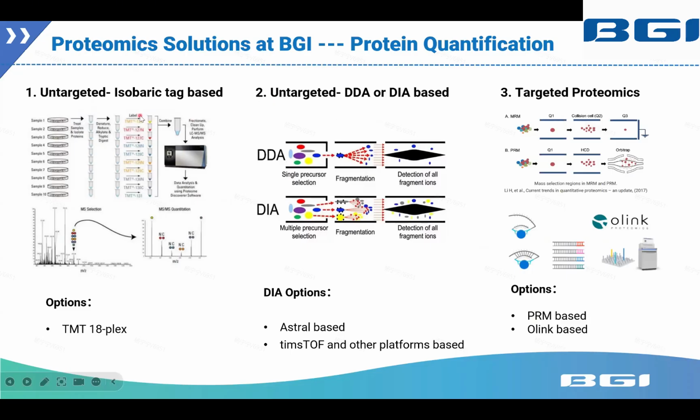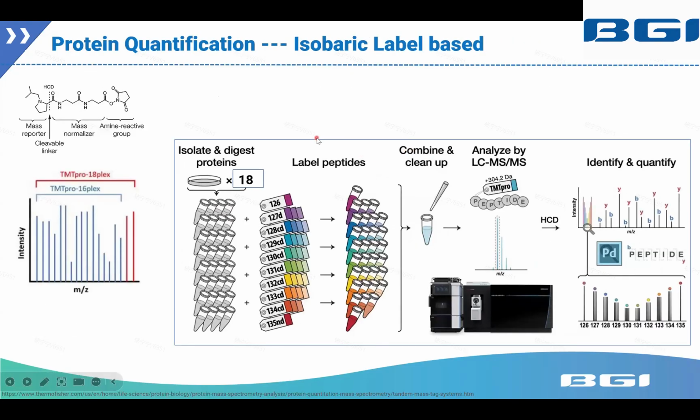The untargeted technology includes the label-dependent technology, which uses TMT, and the label-free technology, which includes DDA and DIA. For the targeted technology, Olink is the main option, and the customized PRM targeted service is a supplement.